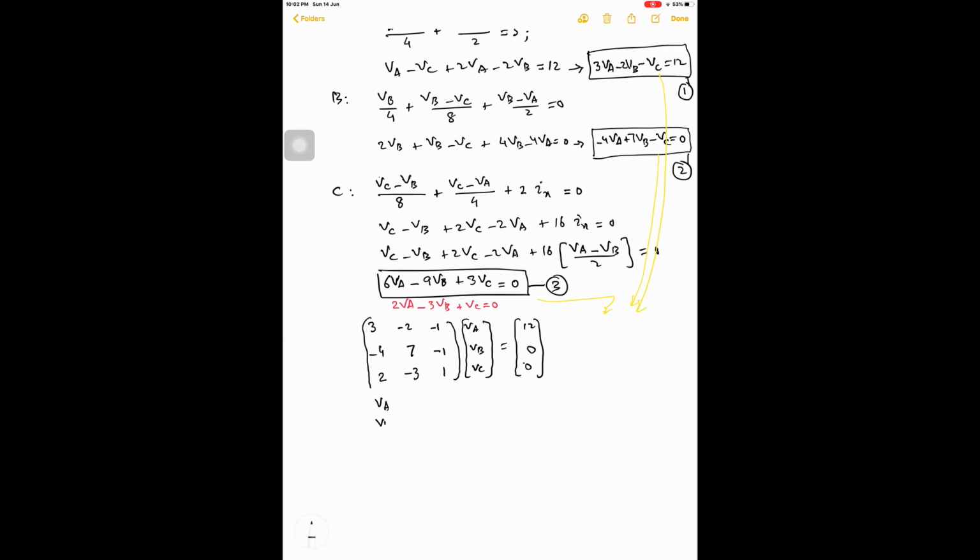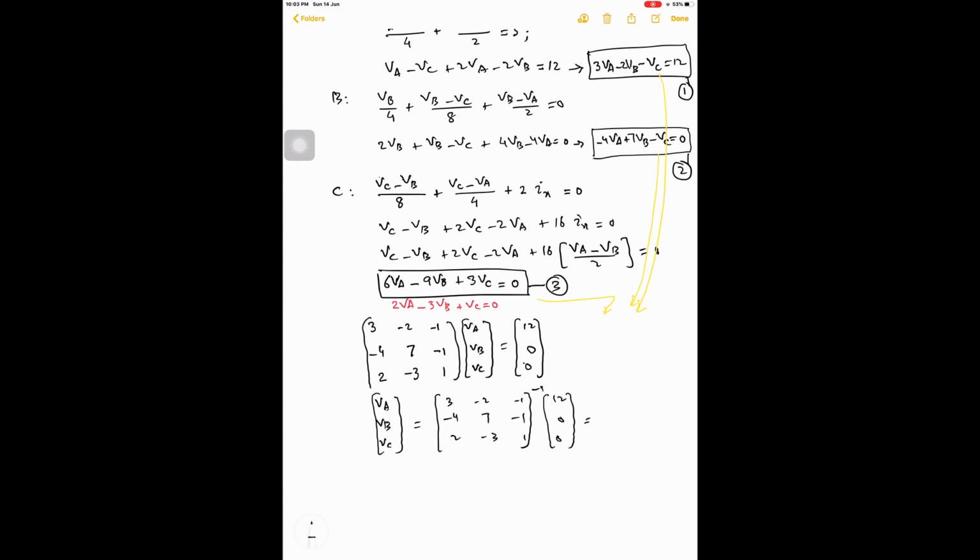Again VA, VB and VC. So this can be the matrix 3 minus 2 minus 1, minus 4 7 minus 1, 2 minus 3 1, inverse, times 12 0 0 over here.